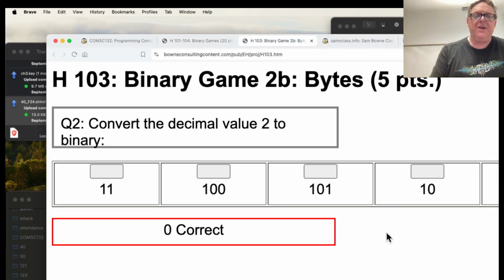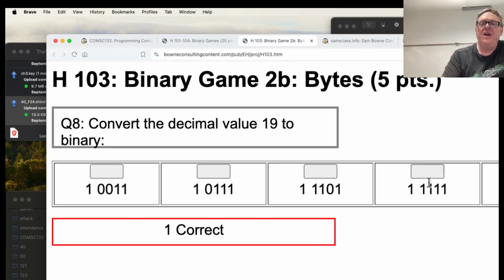All right. So what's 2 in binary? This is decimal to binary as opposed to binary to decimal. 10. Yep, it's this one. 1, 0 is 2. How about 19? I got it.